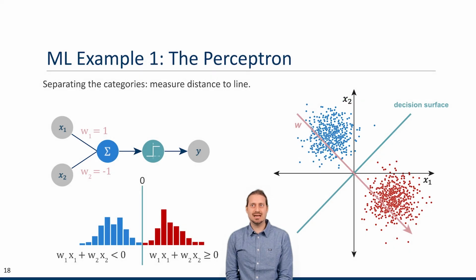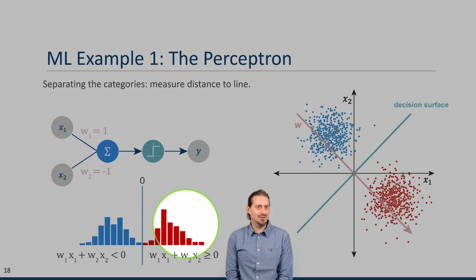So if we do this now for all of the points, for each point in our plane, we compute this weighted sum. We see that we get our distance of the points to the decision surface. So this is the distance 0 here, so this would basically be points that lie directly on this decision surface. And then if we go to the left here, these are points that are basically up here, far from the decision surface.